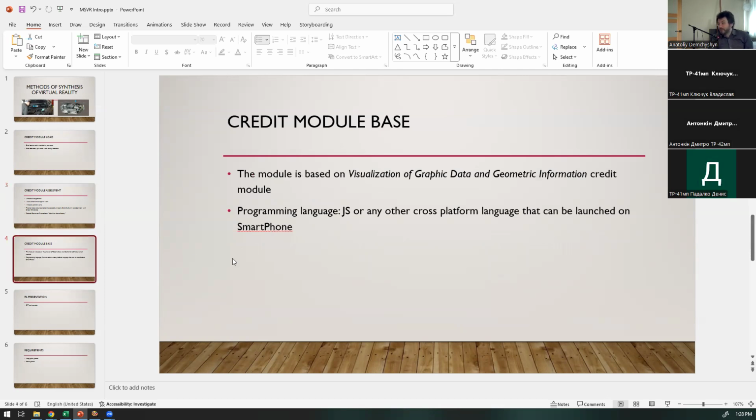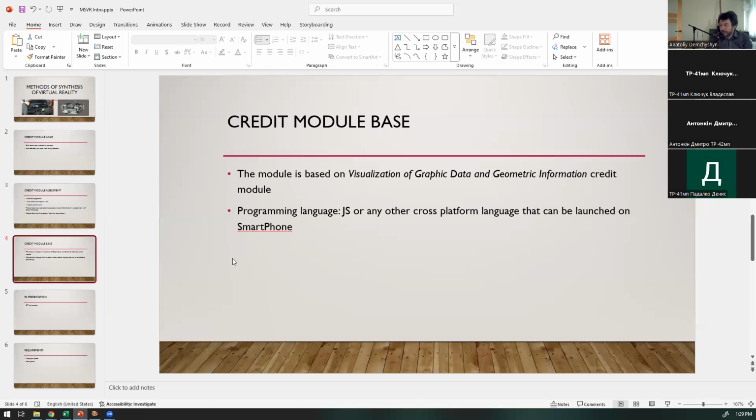Then the base for this credit module: you continue to use software for visualization of graphic data and geometric information from the credit module. The language you should use for programming, I suggest, continues to be JavaScript. Why? Because of the cross-platform ability.